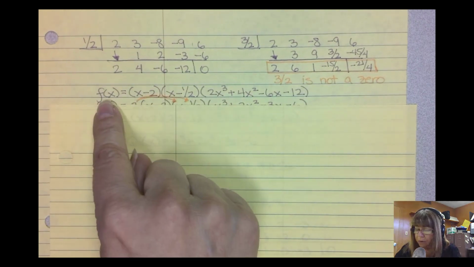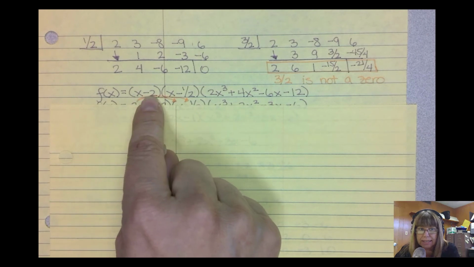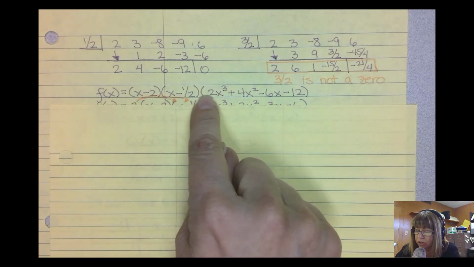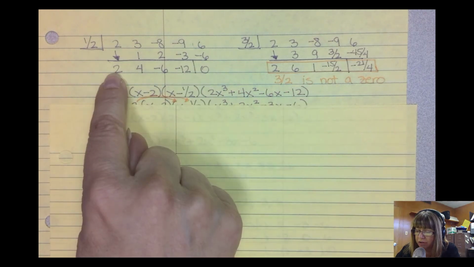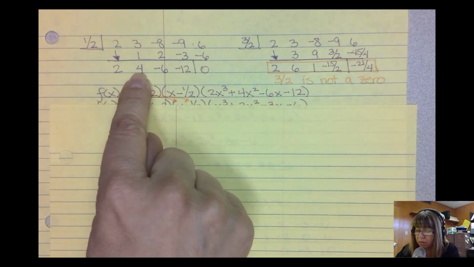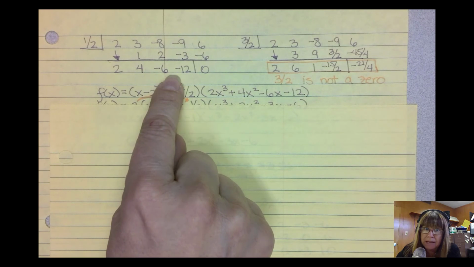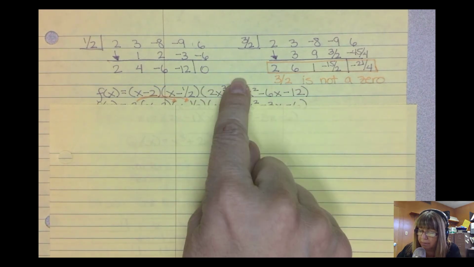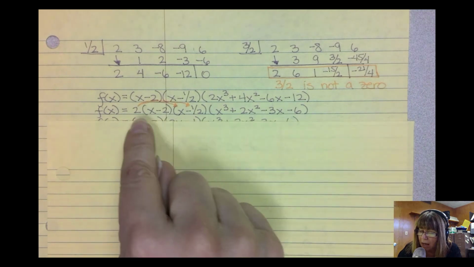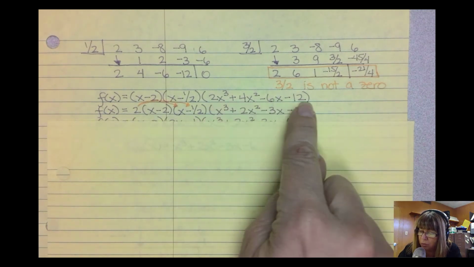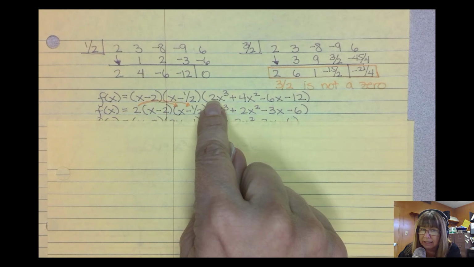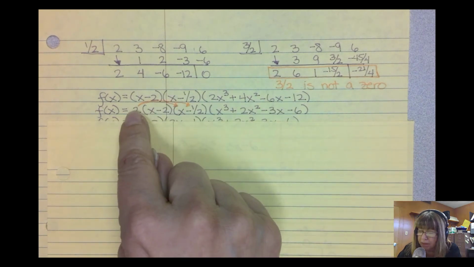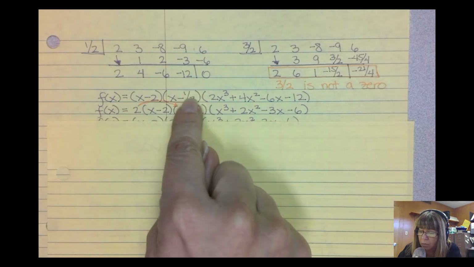Now I know that our f of x can be written as x minus 2, x minus 1/2, and our depressed function of 2x cubed plus 4x squared minus 6x minus 12. This is the new function we're going to be working on, right? Now, I'm going to go ahead and pull out the 2 that's in this last factor. So I pulled it out, but then I'm going to put it back in so I'm not working with 1/2.